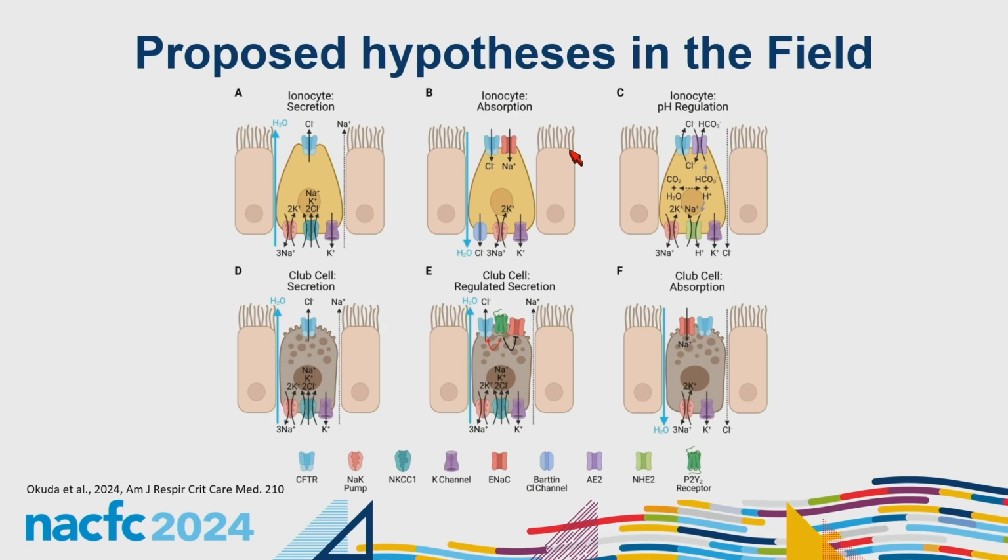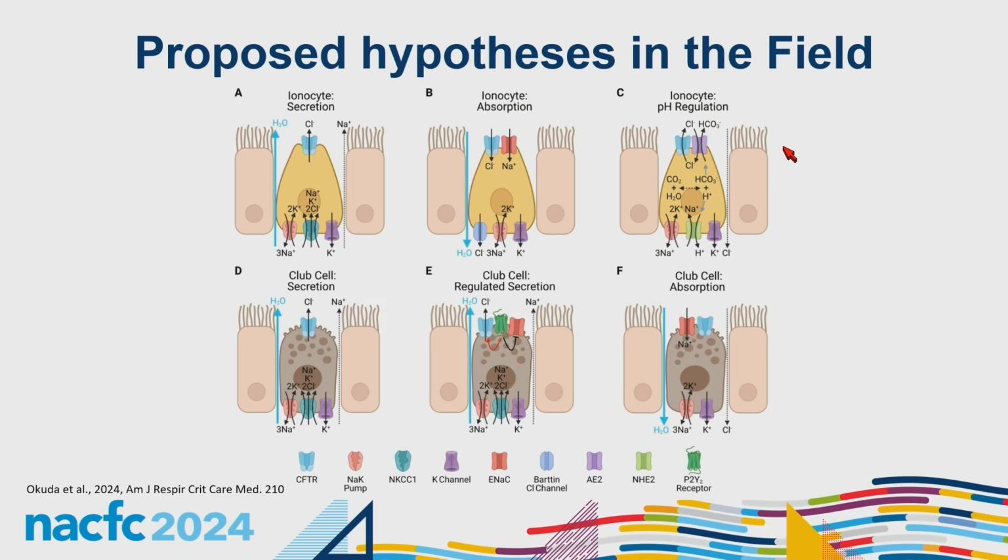One proposed idea is shown by Dr. Engelhardt's group, that ionocytes could be involved in secretion and absorption of fluid, while another study has shown ionocyte absorption only of fluid. And our work at University of Saskatchewan has shown with our latest publication that ionocytes could be involved in pH regulation in human bronchial epithelial cells through a CFTR linked with anion exchanger transporters.